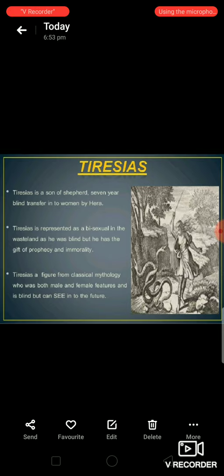Hera is Jupiter's wife, the wife of Jove, or you can say Zeus. She cursed him to be blind, and that is how he became blind.